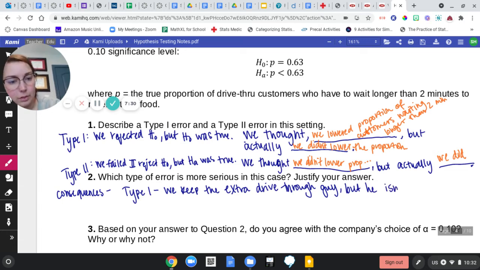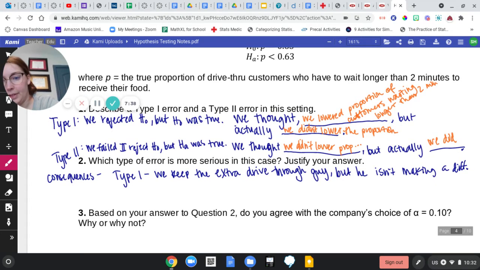He isn't making a difference. In a type 2, we fire the drive-through guy or relocate him some other way.